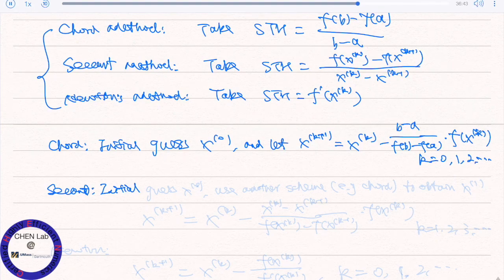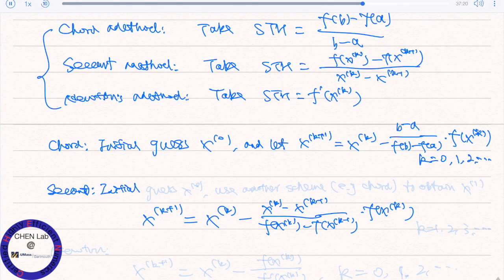Secant. For the secant, we get xk plus 1 equal to xk minus xk minus xk minus 1 divided by fxk minus fxk minus 1 times that fxk.